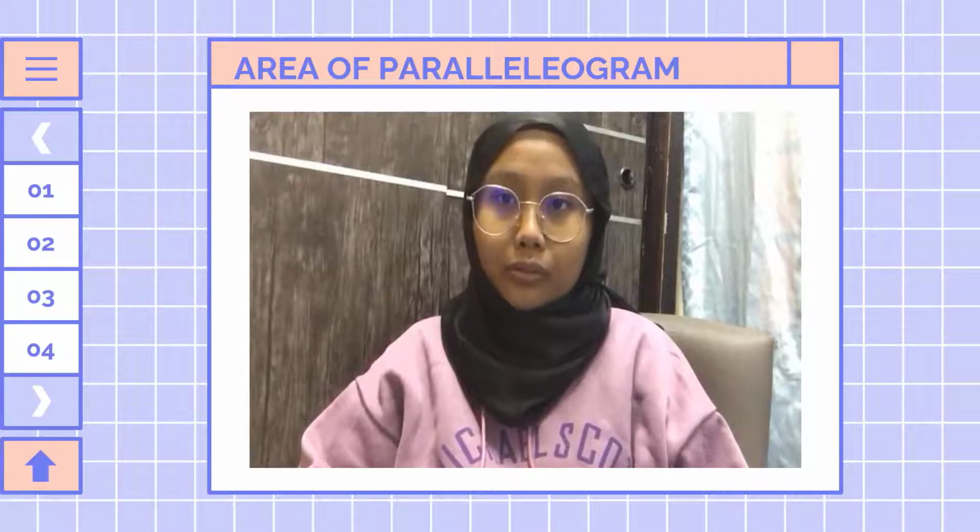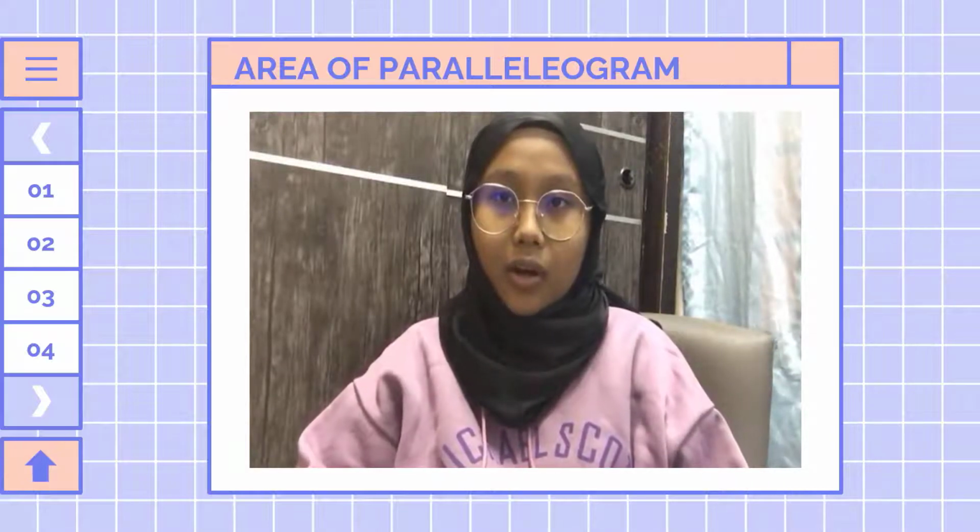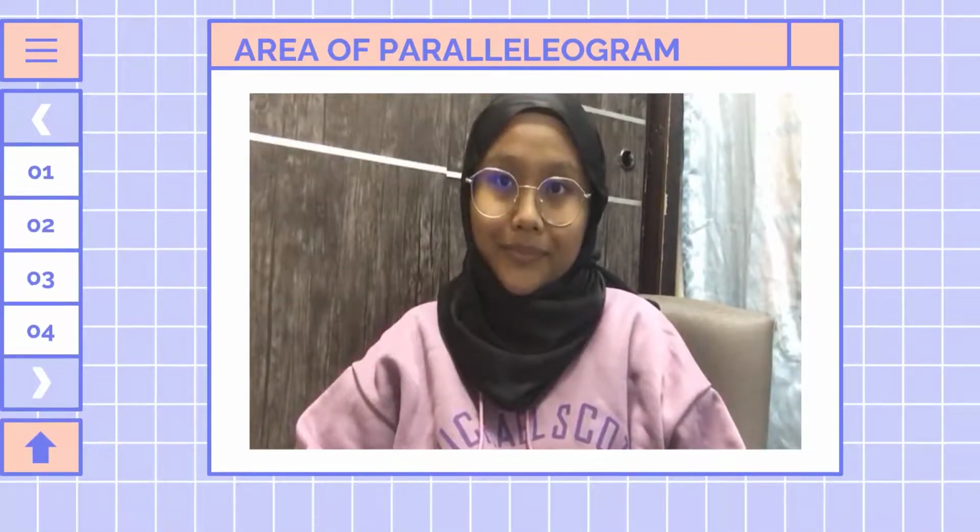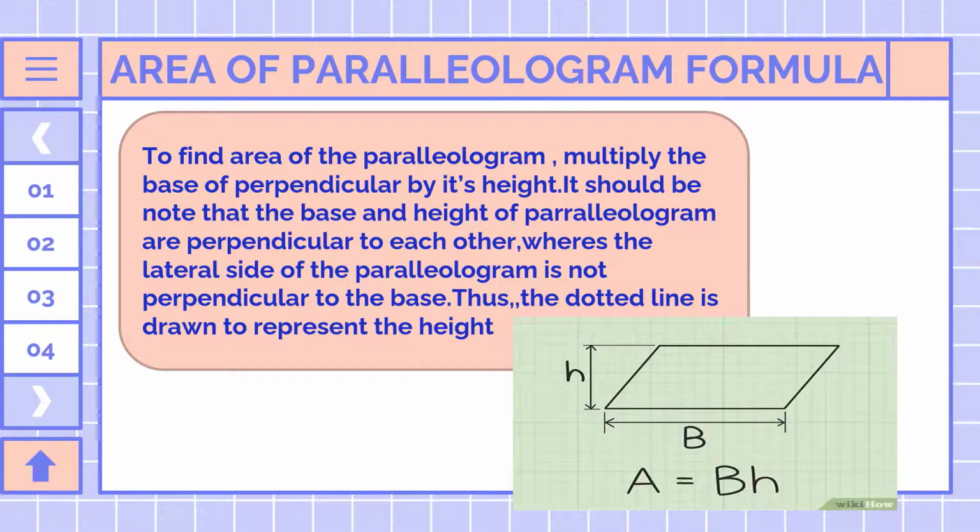Today, I want to talk about the area of parallelogram. Area of parallelogram formula. To find the area of the parallelogram, multiply the base by its perpendicular height. It should be noted that the base and height of a parallelogram are perpendicular to each other, whereas the lateral side of the parallelogram is not perpendicular to the base.